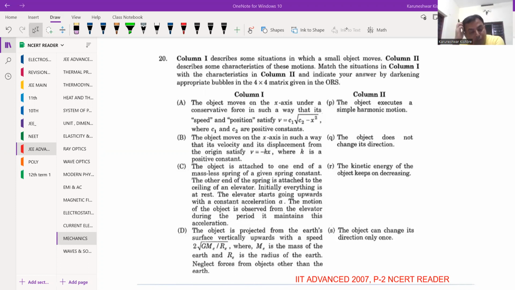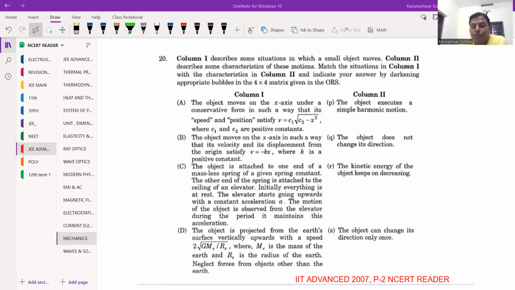So this is a matrix kind of question. You can see the first option given in column 1. The object moves on the x-axis under a conservative force in such a way that its speed and position satisfy v equals C1 times the square root of C2 minus x squared, where C1 and C2 are constants.